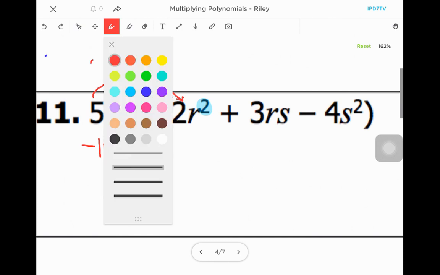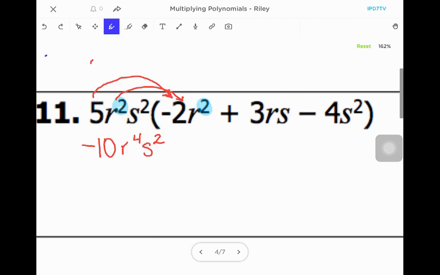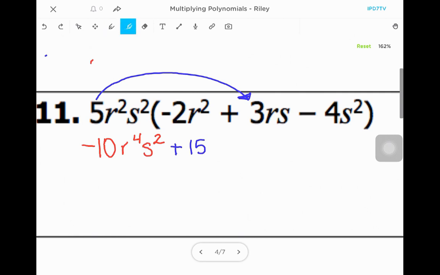Okay, I'm going to change my colors. All right, so let's move on. So again, we're going to do our coefficients first. So 5 times 3, that gets me a positive 15. So I'm going to do plus 15. And then I'm going to do my r squared. So I got 2 r's.